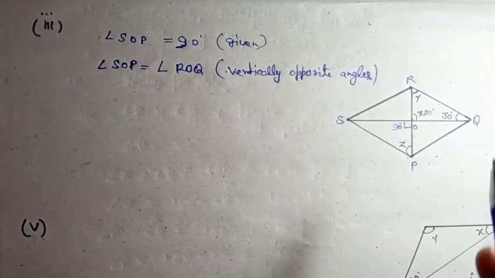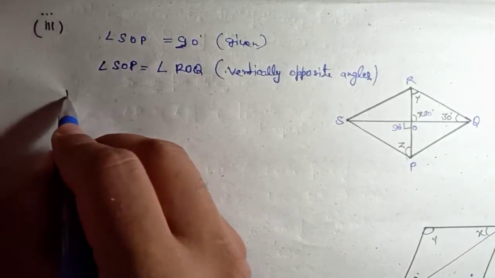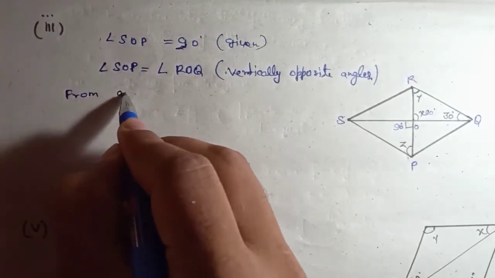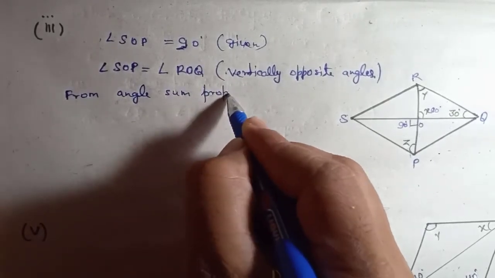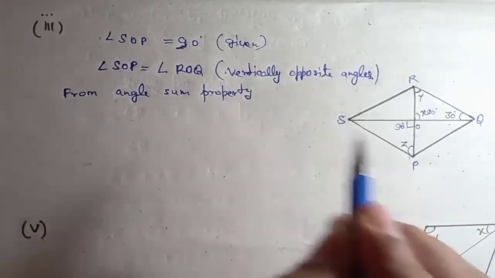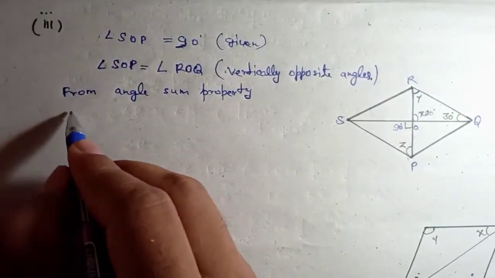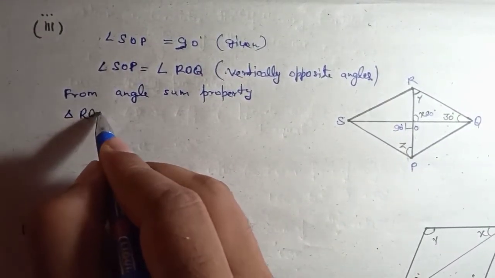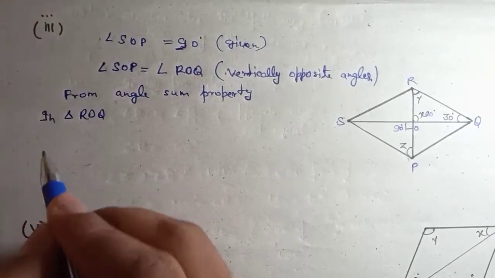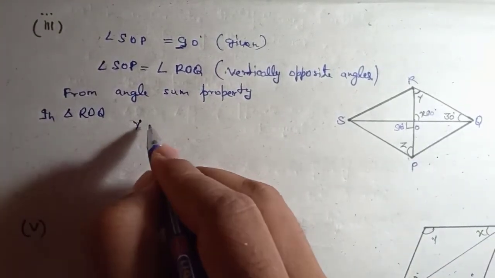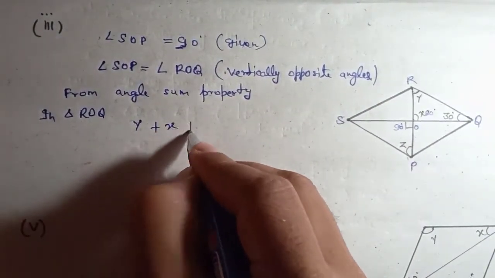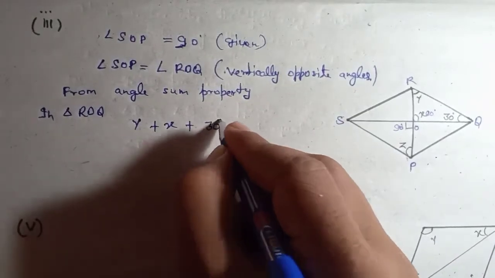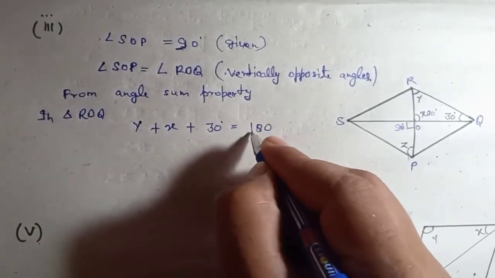Now to find angle Y, we have the angle sum property of a triangle. So from the angle sum property, in triangle ROQ, we have Y, which is angle ORQ, plus angle X plus 30 degrees is equal to 180 degrees.